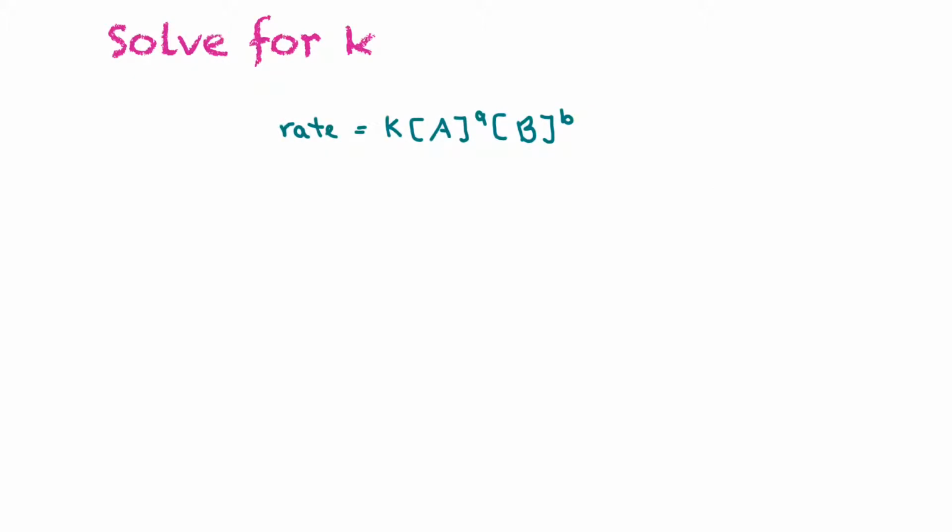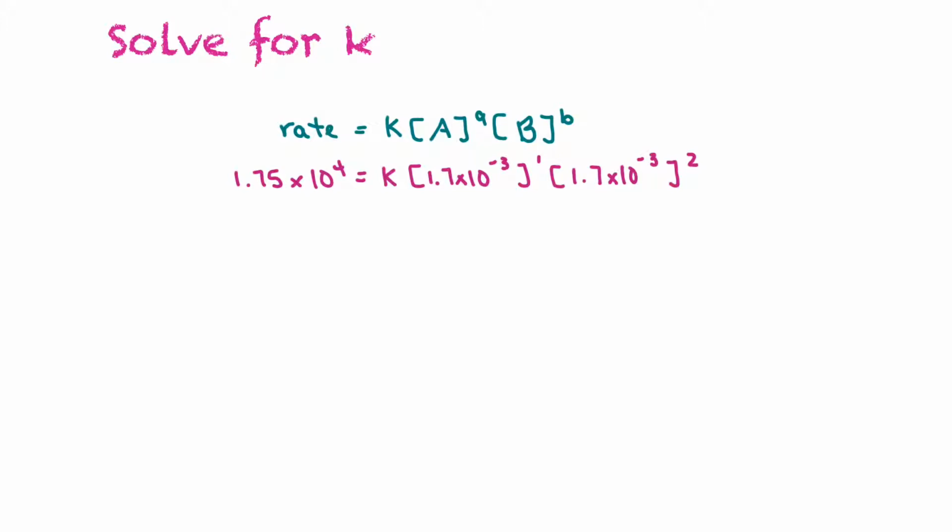So once again, we can sub in our values to solve for K. So in this example, the rate was 1.75 times 10 to the power of 4 equals K. And then we sub in our concentration. So 1.7 times 10 to the minus 3, and that was first order, times 1.7 times 10 to the minus 3, and this one was second order.